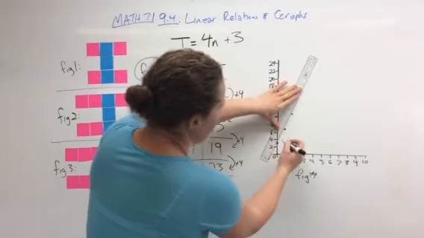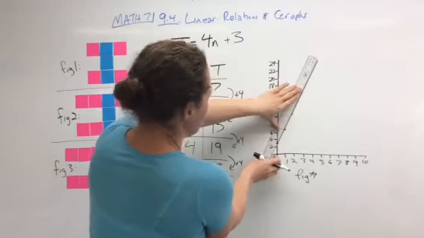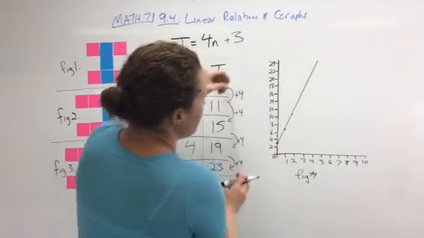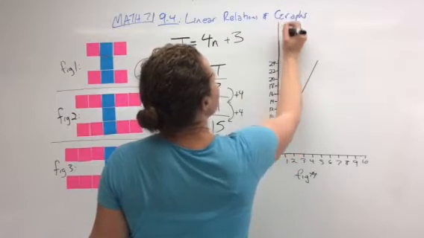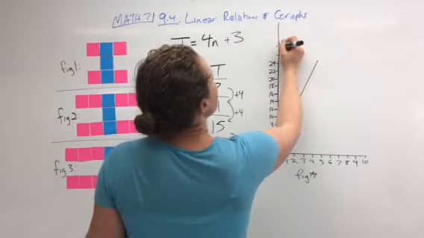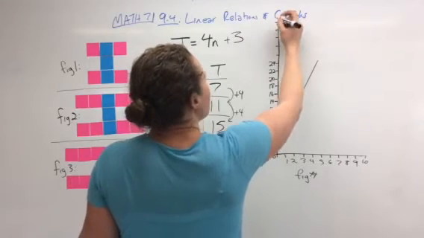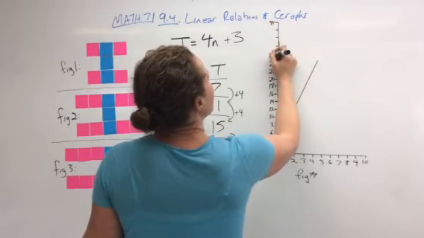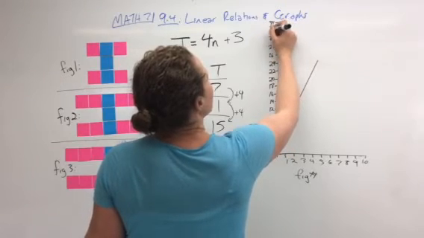Since it's a straight line, I can just keep this line going. And you could see, if I kept this line going, 26, 28, 30, 32, 34, we keep going farther up, I'm still not going to get to where I need to go to put on that number 10.